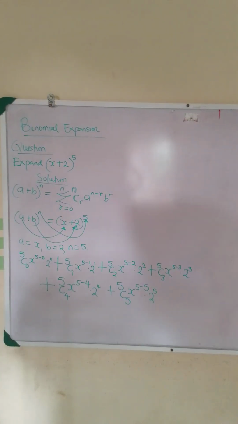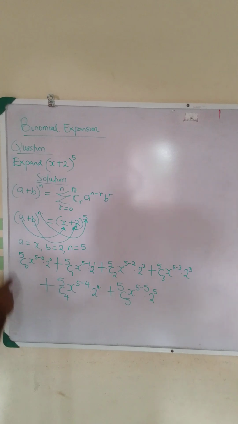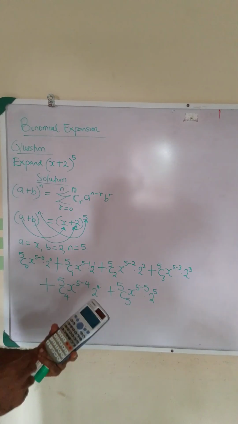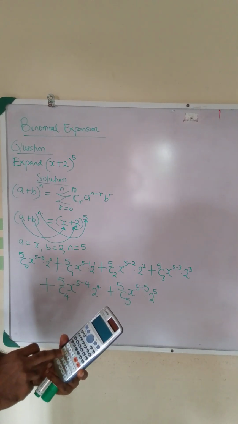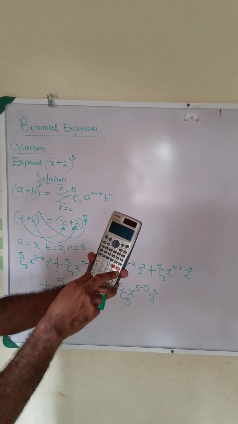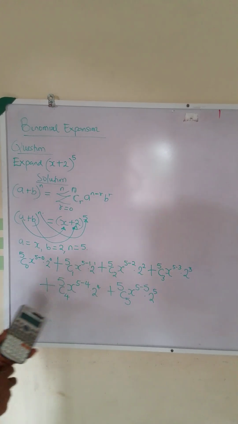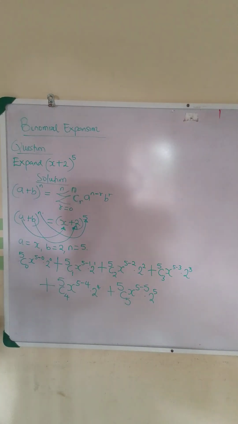Okay, so we've gotten that, so we have to start calculating. We can use our calculator to find what 5 combination 0 is. So we have 5, press shift, we come to where combination is, 5 combination 0. So 5 combination 0 is 1.